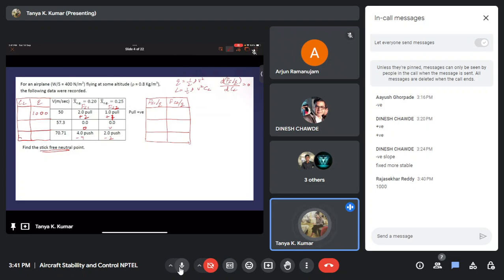There will be one S also. So in this case, the wing loading is directly given. So you can assume wing loading to be the L by S. So 400 by q will give you CL. So that's 0.4.